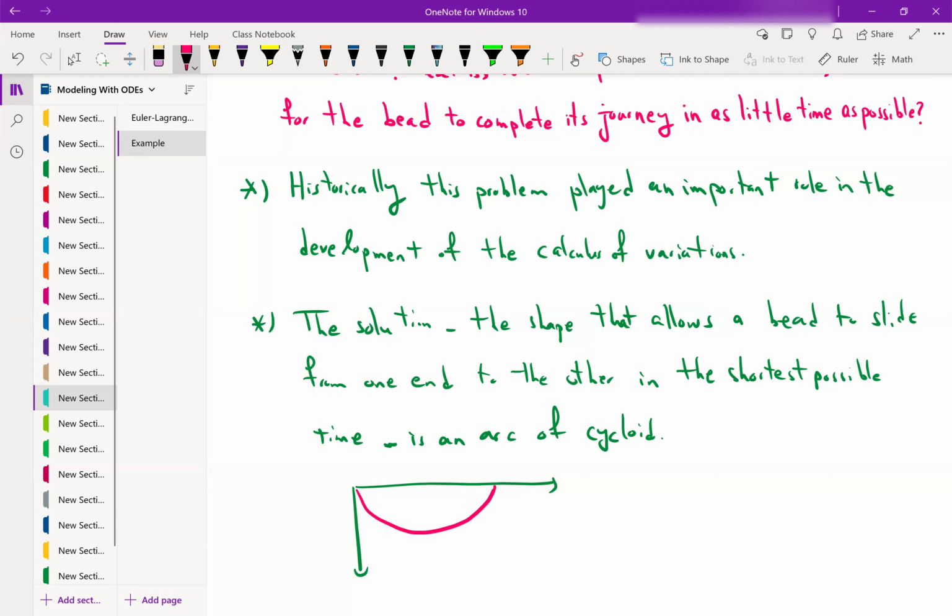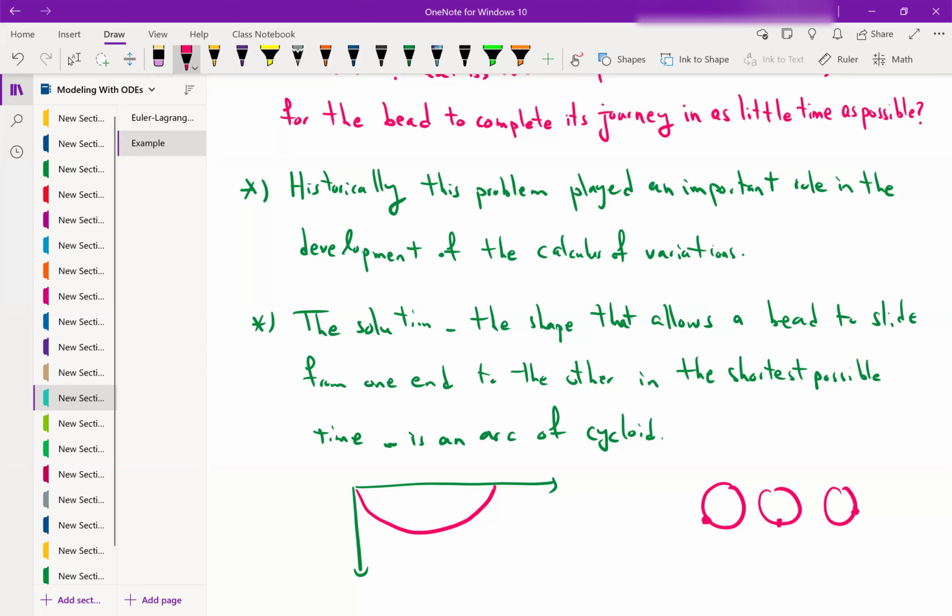And just again, I recommend that you do the research, but the cycloid is the curve traced by a point on the circumference of a rolling circle. So consider a circle and pick a point here and assume that this circle is rolling, right? As it is rolling, this point is moving, right? And this point will trace out a curve.